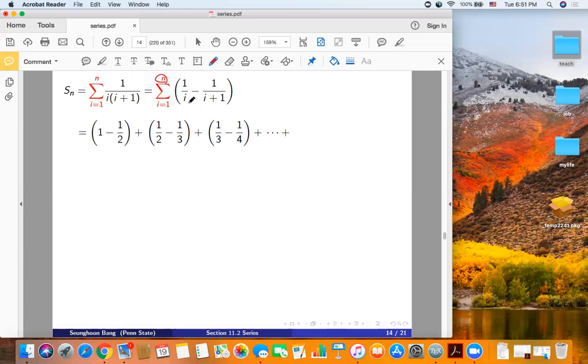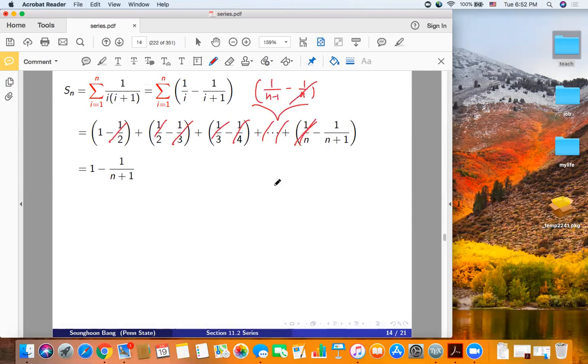The last one, you plug n into I: 1 over n minus 1 over n plus 1. So 1 over 2 is cancelled, 1 over 3 is cancelled, 1 over 4 is cancelled. The 1 over n is cancelled from the previous one, because the previous one is exactly 1 over n minus 1 minus 1 over n. So the remaining terms are 1 minus 1 over n plus 1.